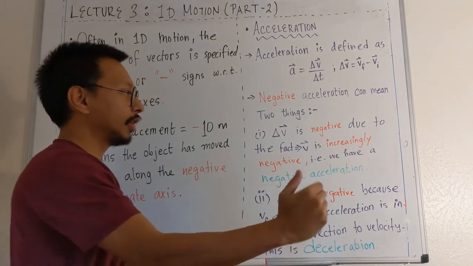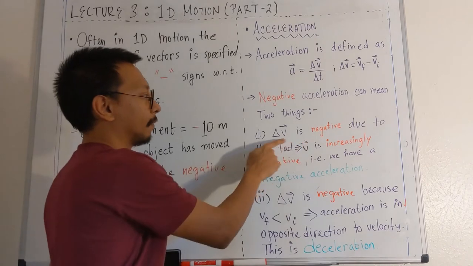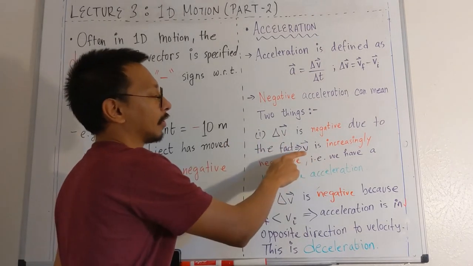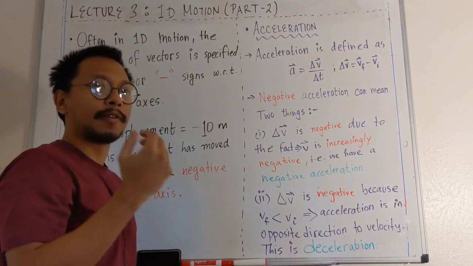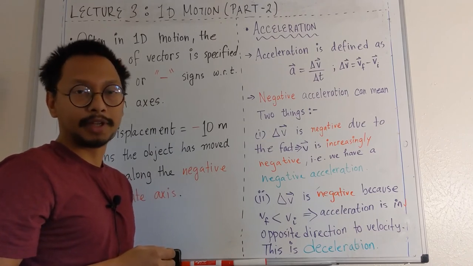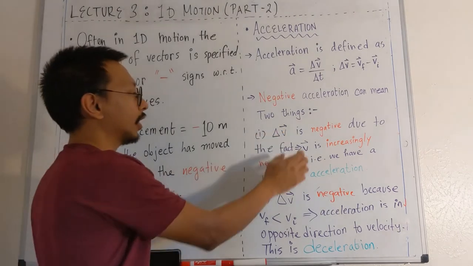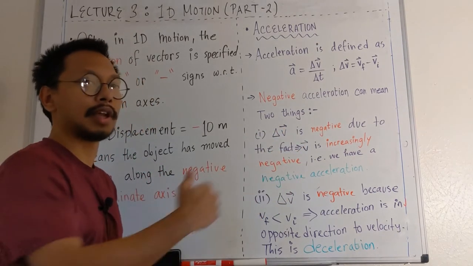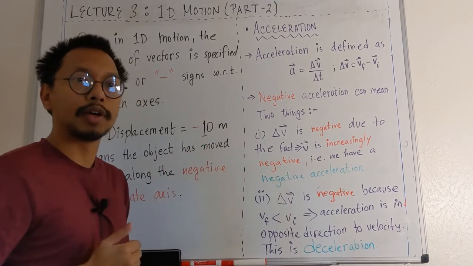So velocity is increasing but in the negative direction, and we say that delta v is negative due to the fact that v is increasingly negative. For example, your initial velocity might have been negative 6 meters per second, but your final velocity is negative 12 meters per second. So in this case we have negative acceleration. You're speeding up but in the negative coordinate axis direction.